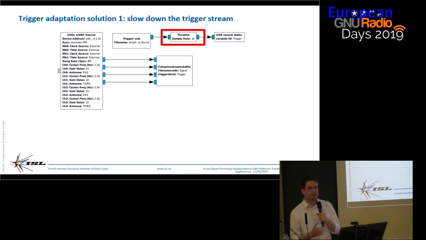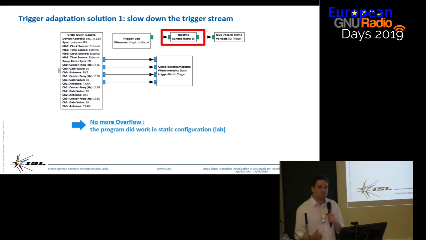So our first idea was, okay, we went through the trouble of implementing shared variables, so let's use them. Here you can see that we used the shared variable we named trigger to do so. We separated our trigger as a software data stream that we controlled with a throttle block at 1 kilosample per second, so that we would be sure not to miss the low-level pulse when it came.